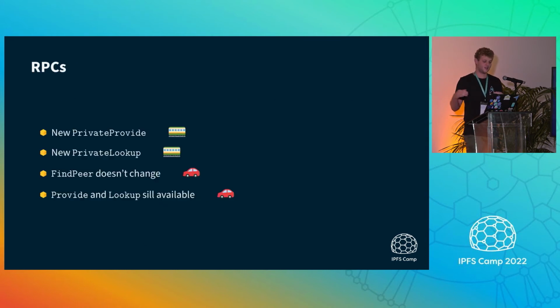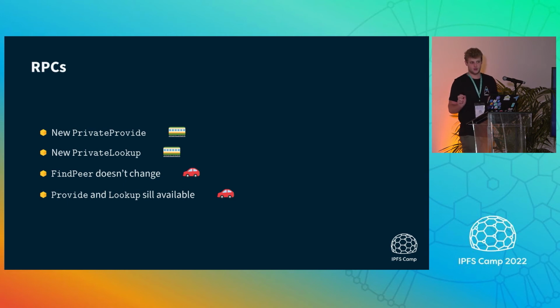So now the RPCs that we have, we will want new RPCs. So for private provide and private lookup, basically when you provide some content, you'll just take the train, go to the closest train station, and put your pointer there. And anyone that wants to get it by the train will just take the train as well and go to the same place where you left it. And so that's for the train, but then the find peer wouldn't change.